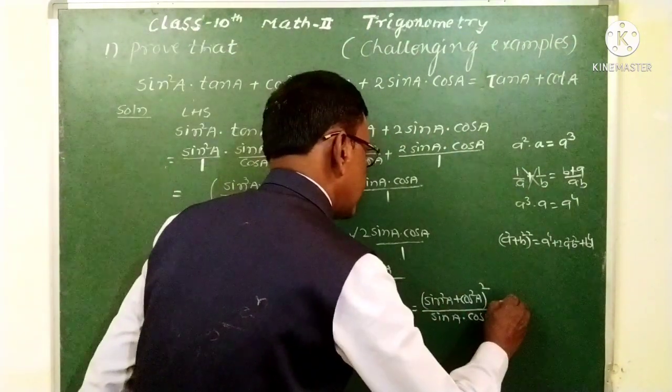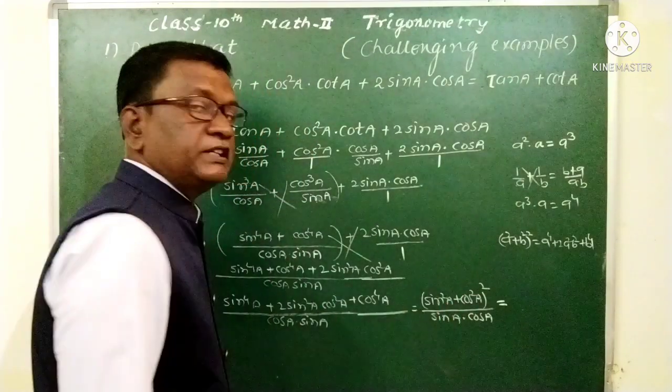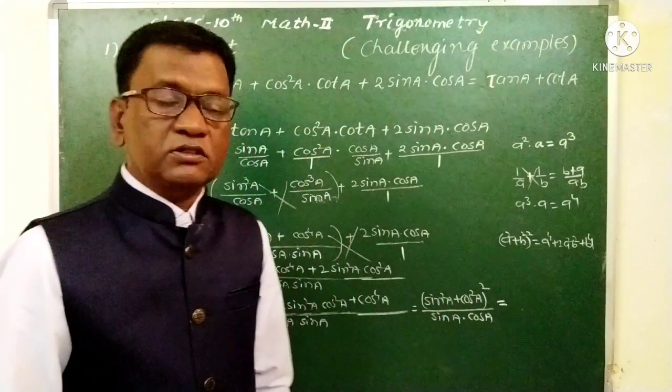Again, we know the trigonometric identity, sin square theta plus cos square theta is equal to 1.